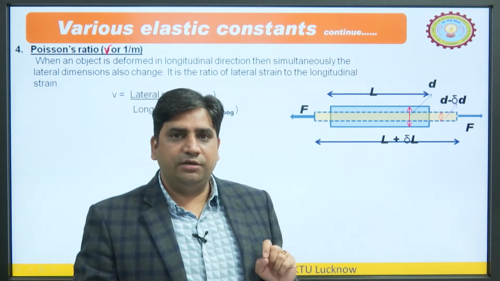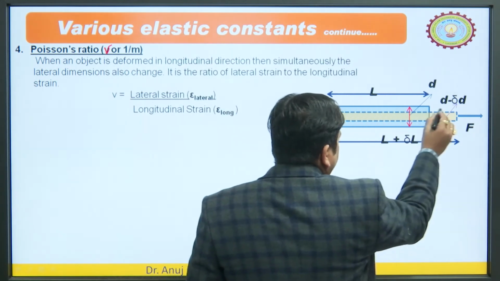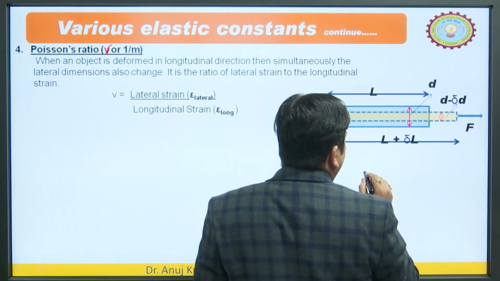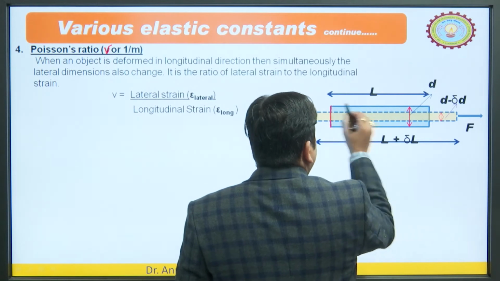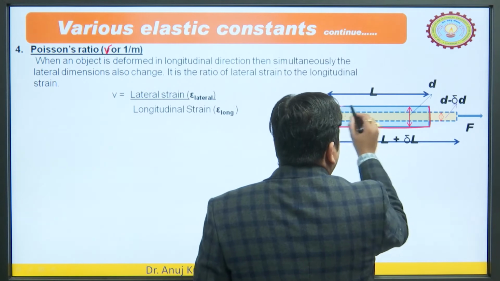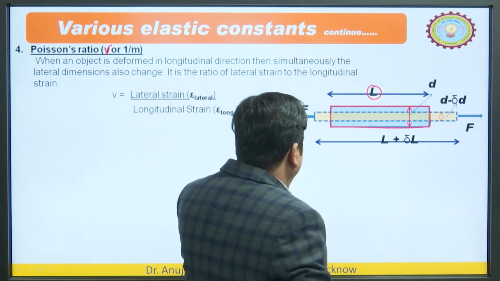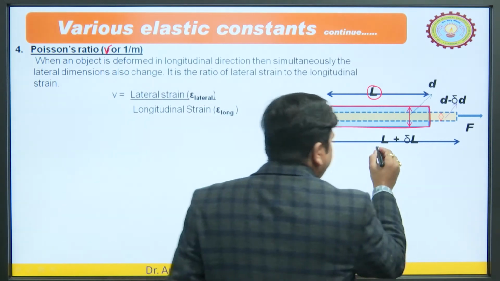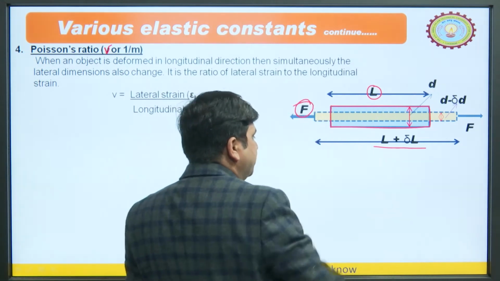Here we can see clearly. Let us say the dotted line is the initial object. The initial length was L. Now, upon elongation, its length has become L plus delta L with the application of this force.